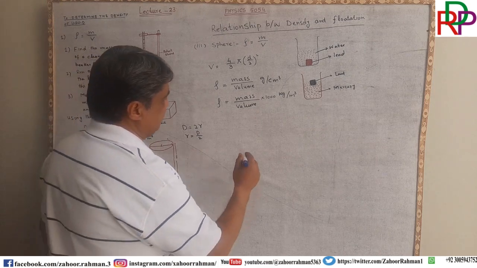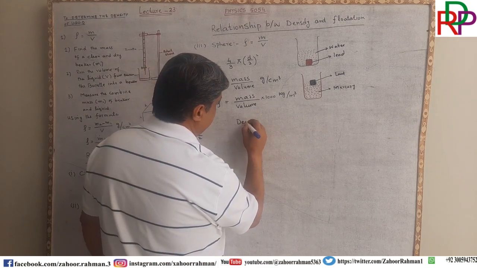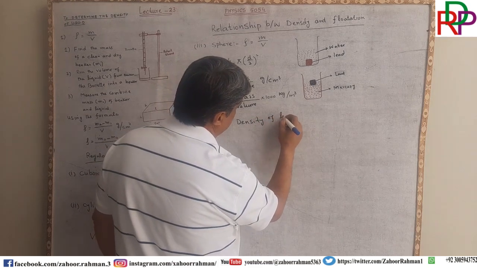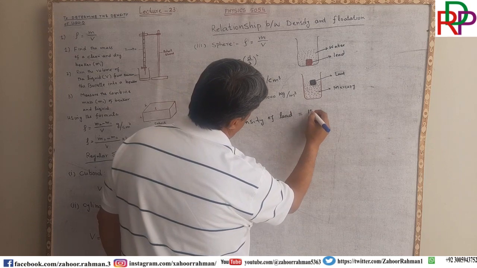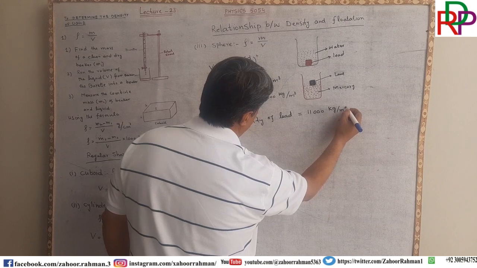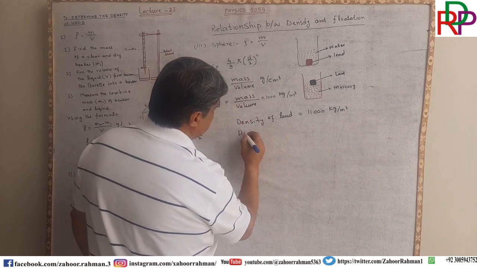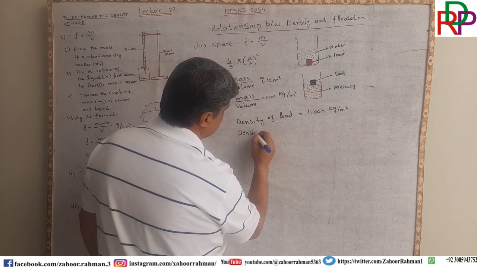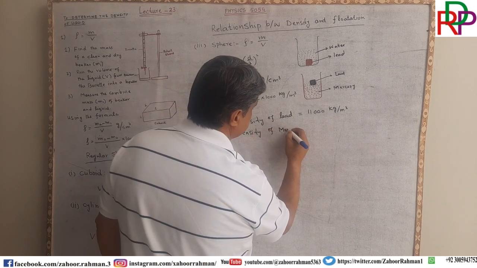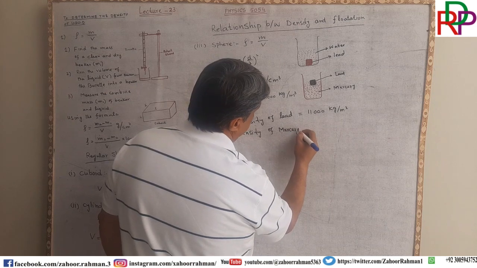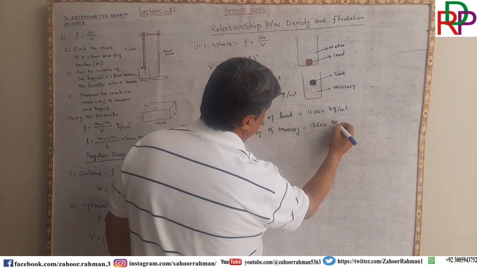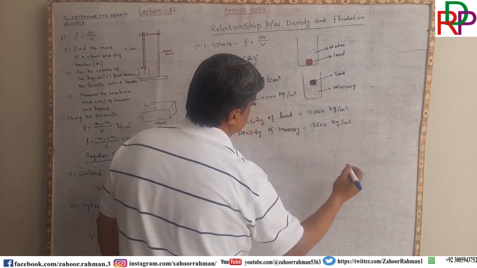For example, the density of lead is equal to 11,000 kilogram per meter cube. The density of mercury is 13,600 kilogram per meter cube.